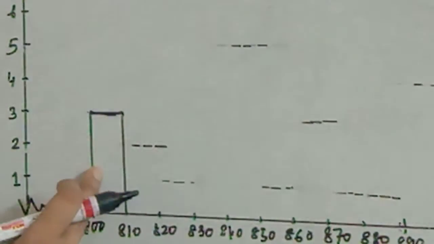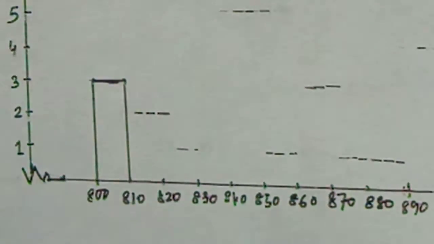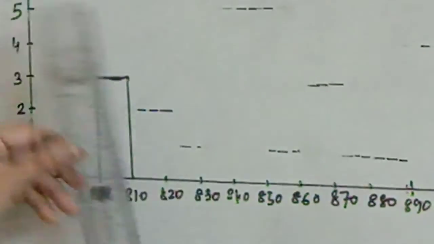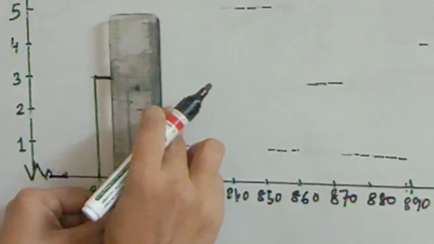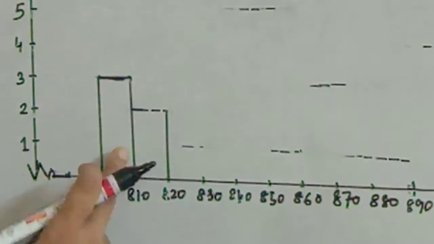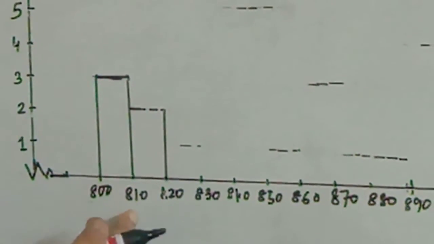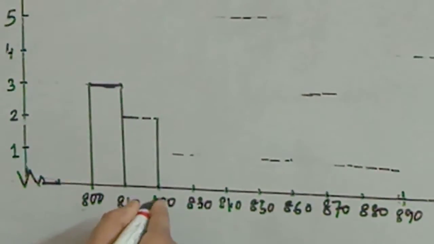Now 810 to 820 is 2, so you can see this bar is up to 2, and this edge will be common, because the range is 800 to 810 and the next range is 810 to 820.